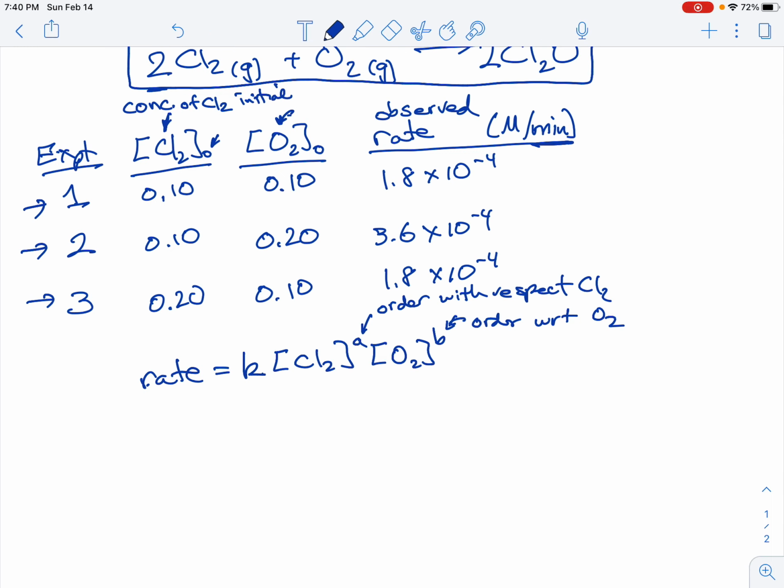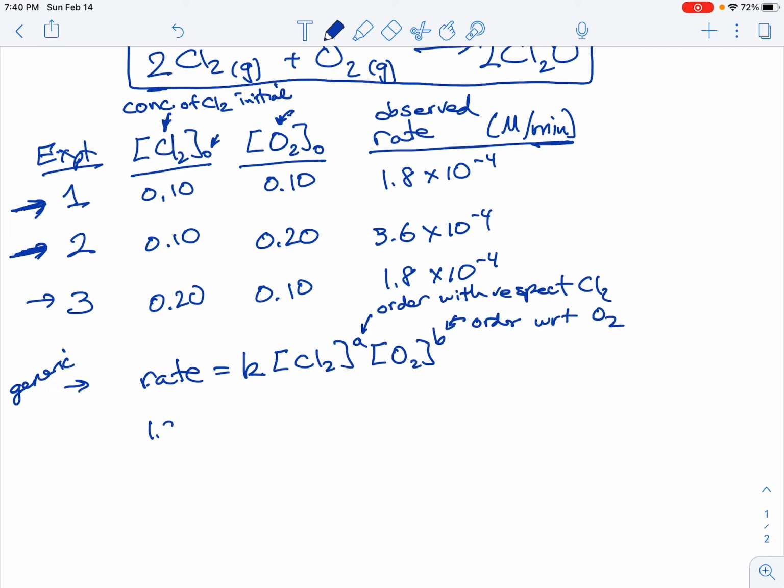We're going to take our first 2 experiments, experiment 1 and experiment 2, and plug them into our generic rate law. The first step is to write this generic rate law containing both reactants. Then we plug in our first experiment.